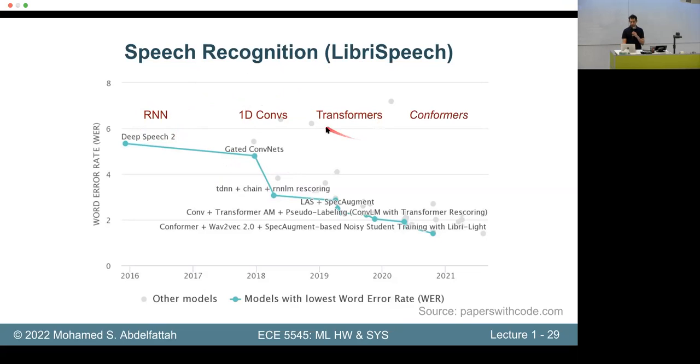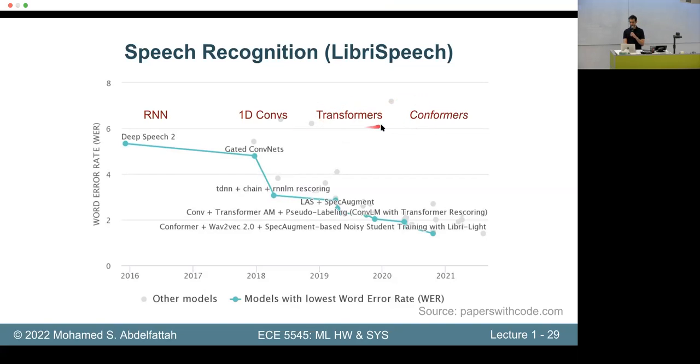Then at the turn of this decade, transformers took over in speech recognition, as they did in many of the other domains, as we will see. And now people are using a mixture of transformers and convolutions. In the case of speech recognition, people are calling it conformers. In other domains, they're calling it something else.